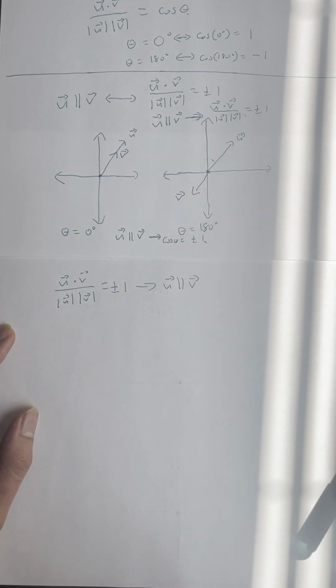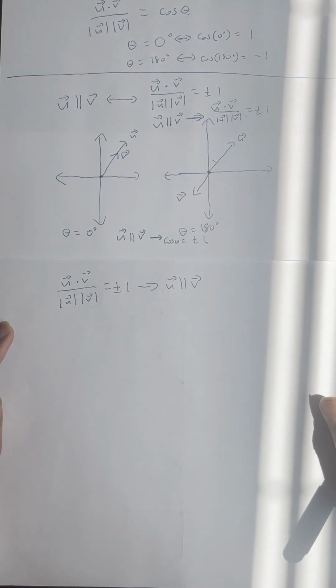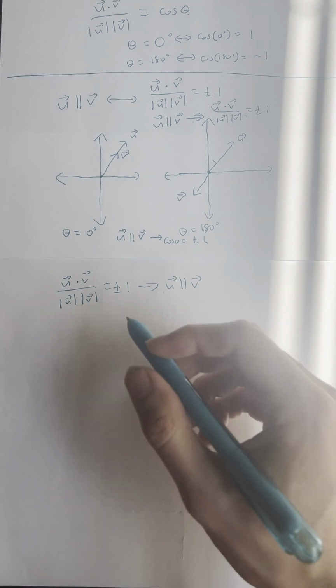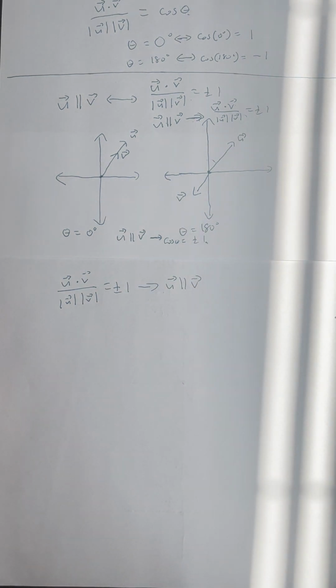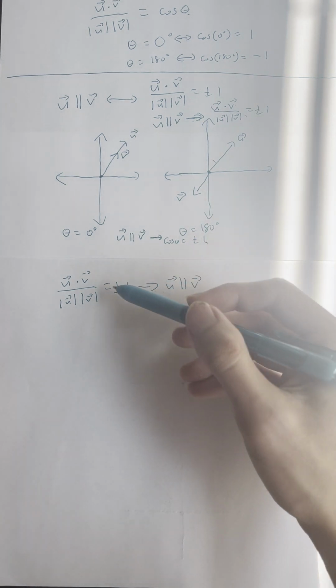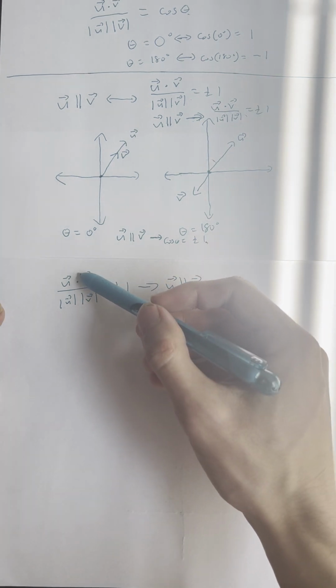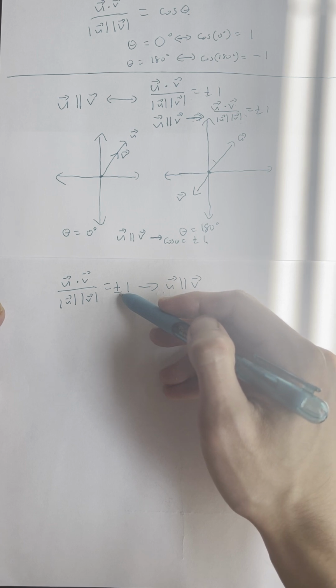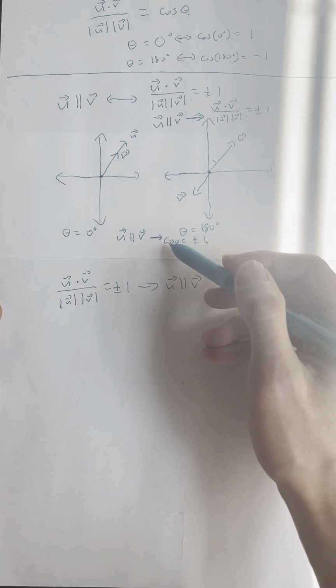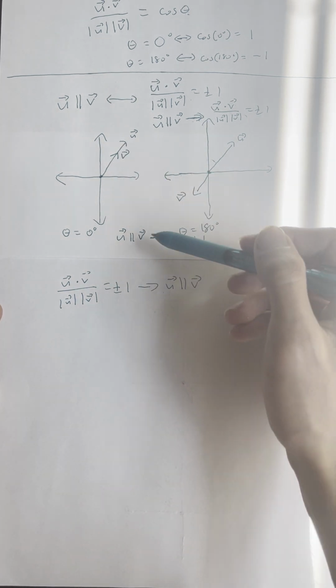So how do we do that? Well, the good news is our steps here are reversible. So if this is equal to plus or minus 1, we can just copy our steps in reverse order.